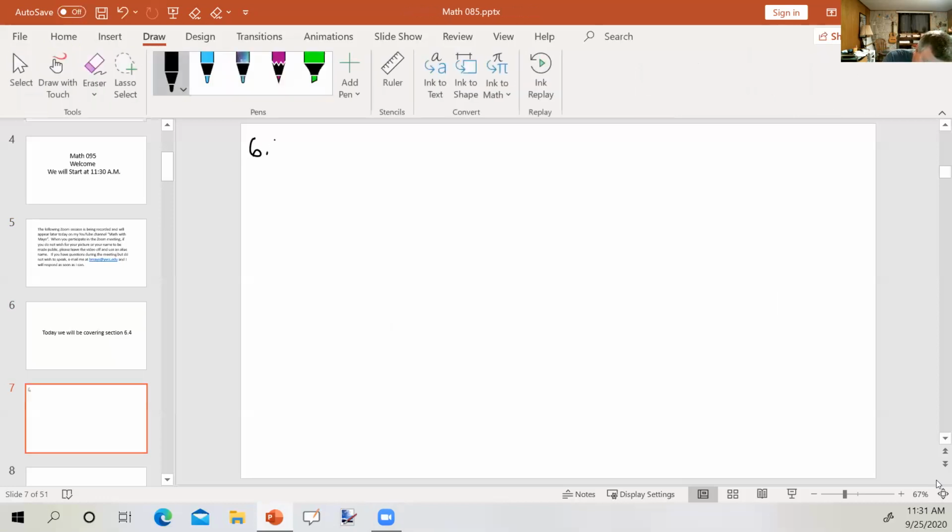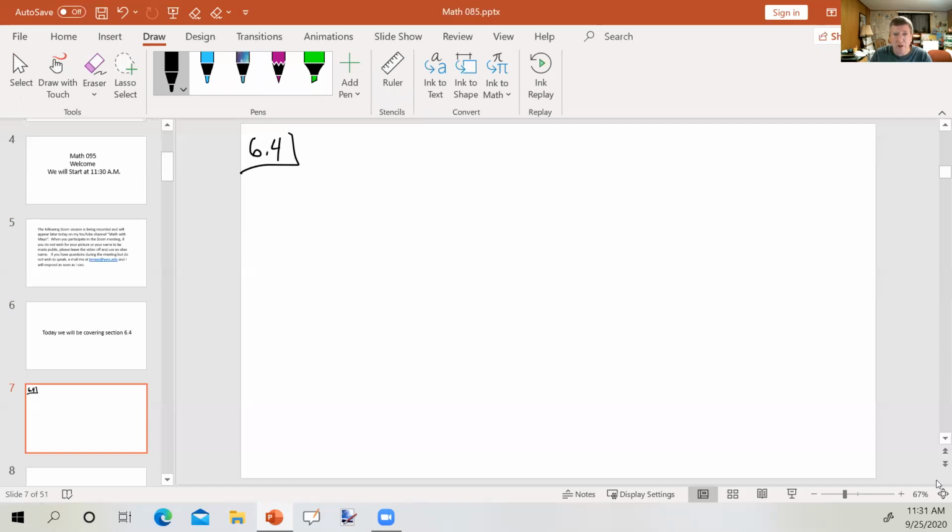Perfect. All righty. So 6.4, we're going to look at two ideas. One of them is still dealing with trinomials, but special cases of trinomials.